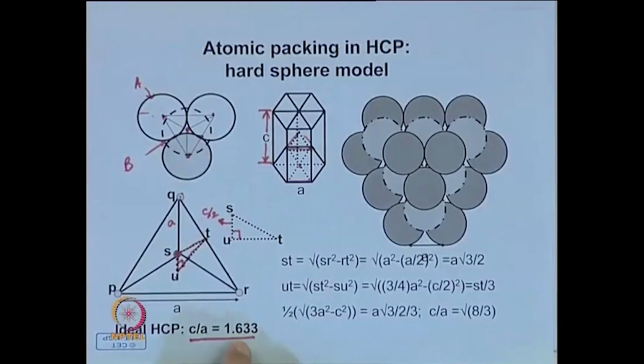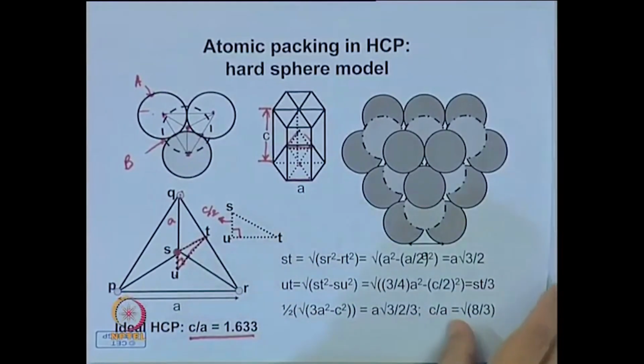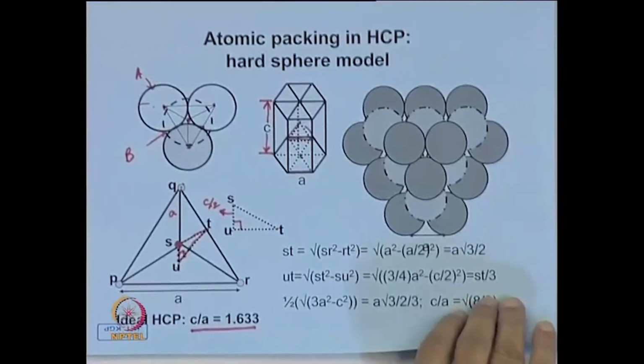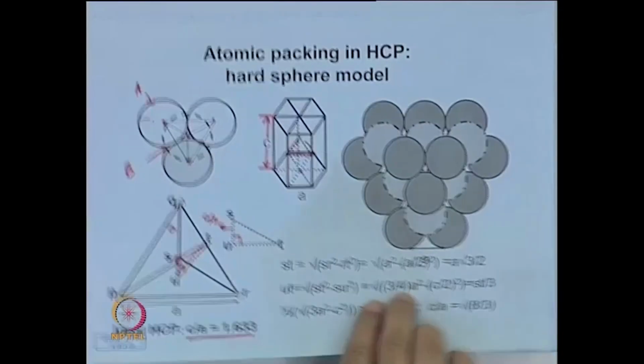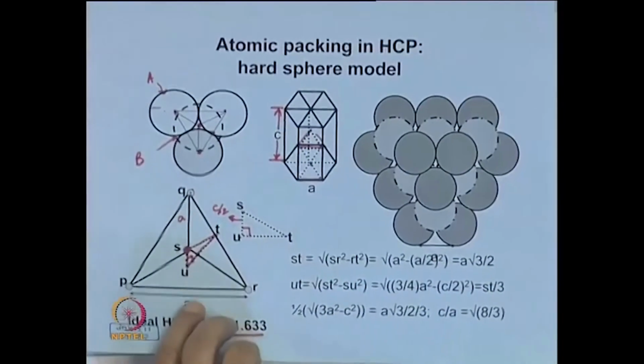If you look at the lattice parameters of some of the elements which I said have hexagonal close packed structure, like zinc, magnesium, titanium, you may find that they have a particular c by a ratio, but none of them exactly satisfy this. Possibly the nearest that comes is magnesium, but you look up the table and see it for yourself.